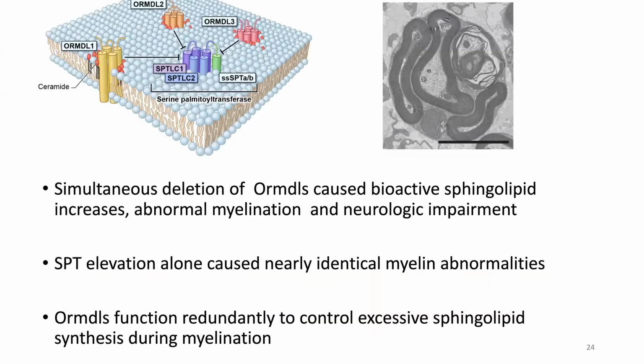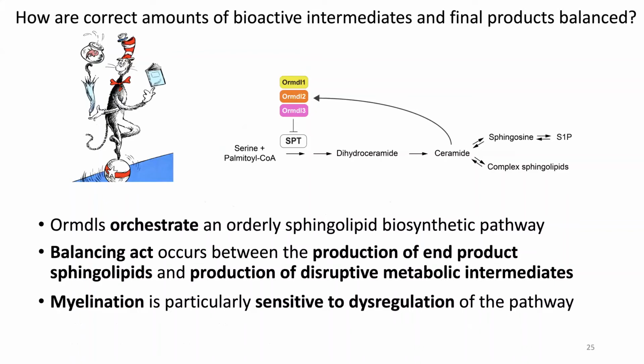So to summarize this part, we've shown that simultaneous deletion of ORMs caused bioactive sphingolipid increases, abnormal myelination, and neurological impairment in the mice, and that the elevation of SPT alone caused a nearly identical phenotype and myelin abnormalities. So the ORMs function redundantly to control excess sphingolipid synthesis during myelination, and the ORMs therefore orchestrate an orderly sphingolipid biosynthetic pathway.